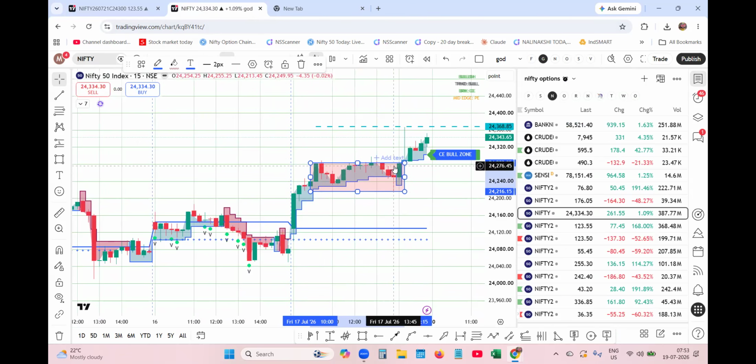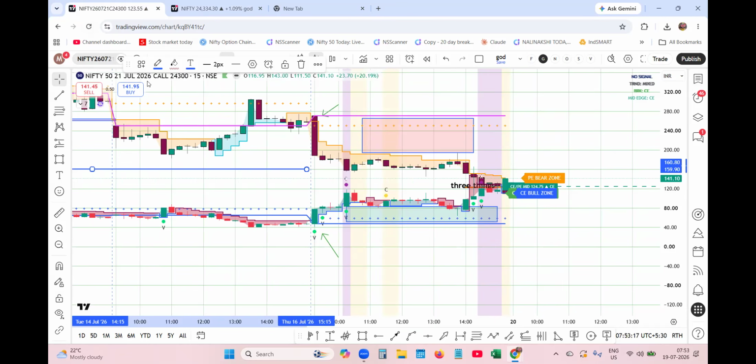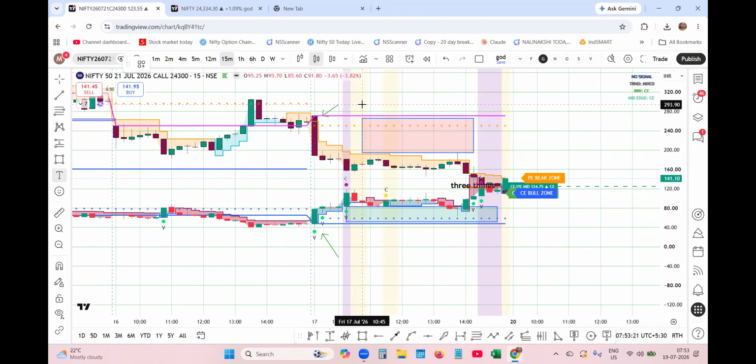Yes, friends, this is how you can trade better with the help of this indicator. If you want to subscribe to my indicator, this is a very unique indicator. I can say I am the first one to create it. I googled to see whether this concept has been disclosed on YouTube or anywhere.